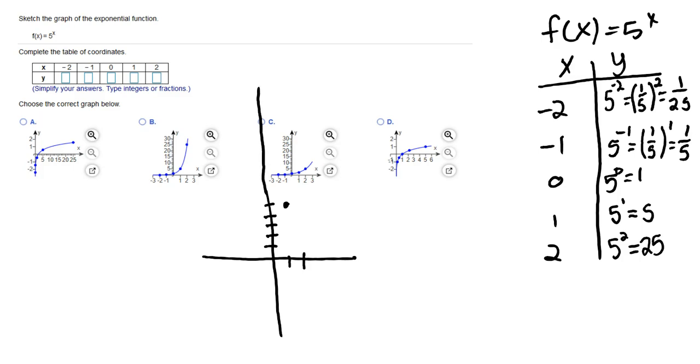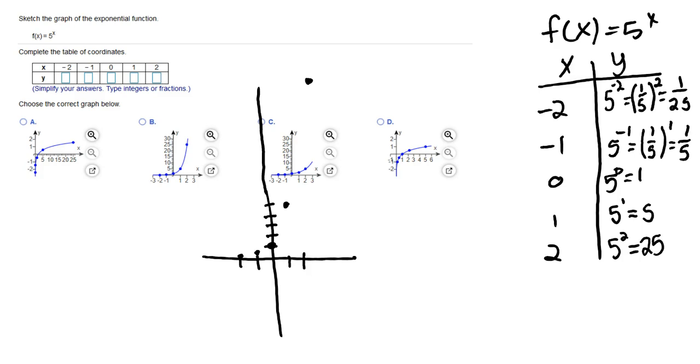That's probably going to go way off my screen, so I'm just going to make a guess that it's way up here. And then 0, 1, -1 and a fifth. A fifth is 0.2, which is getting it pretty close to the x-axis. We have -2 and 1/25. That's even closer to the x-axis.